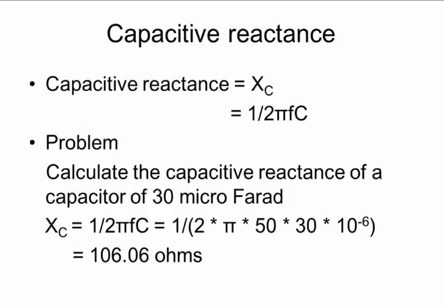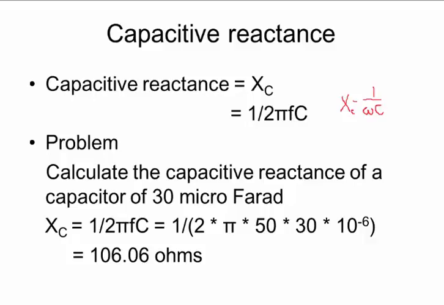Alright, so in this example, maybe just quickly show where it comes from. Omega C is the original definition. So if we say 1 over omega C, this gives us the capacitive reactance.